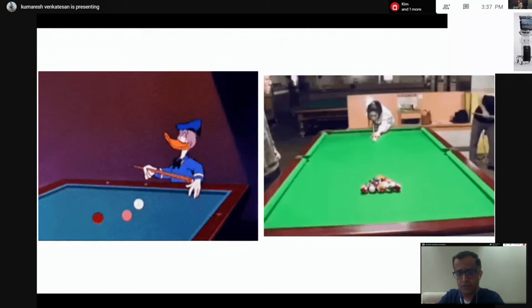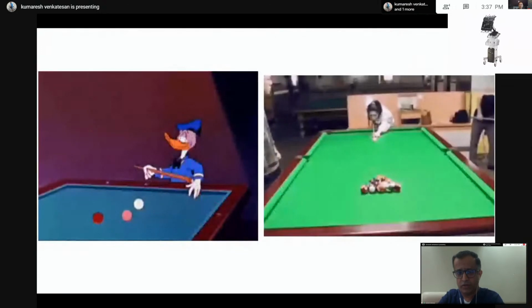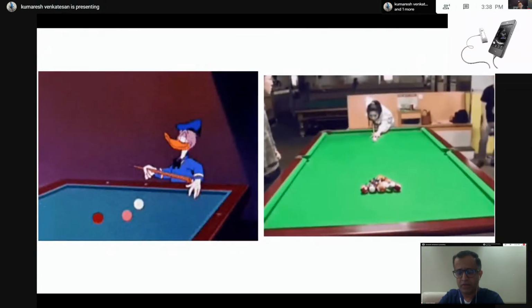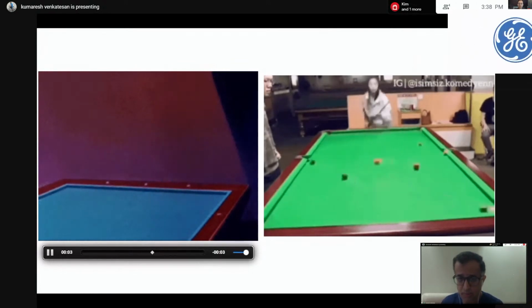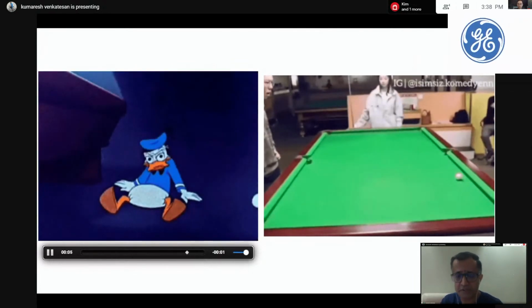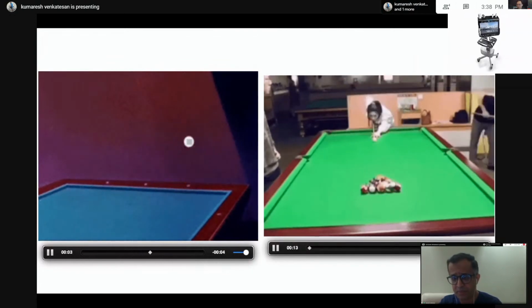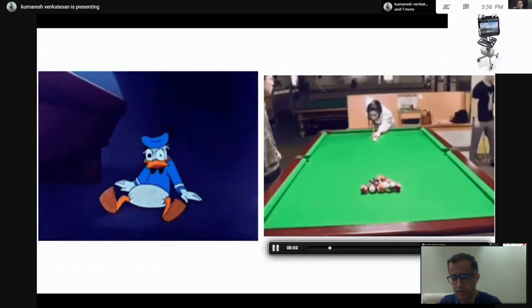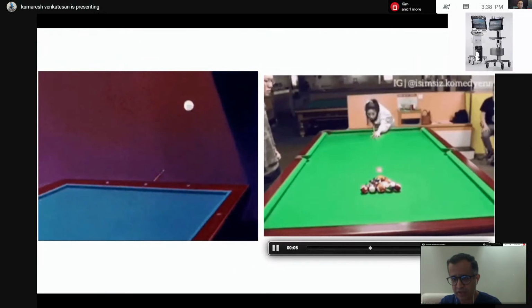Okay, I want to stress the importance, when you're performing the procedure, of maintaining the operator and the equipment orientation. Just like how this person performing the billiards maintains the view in line.